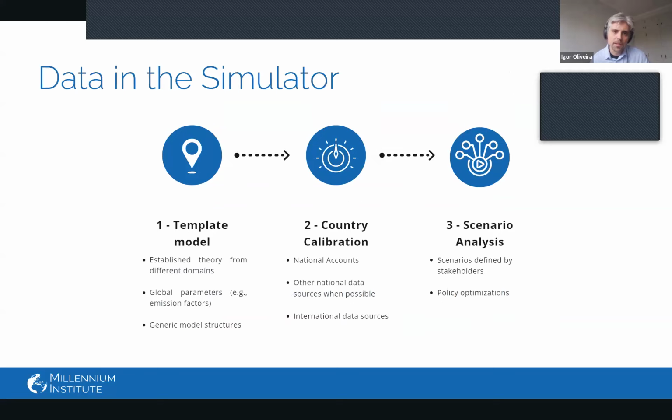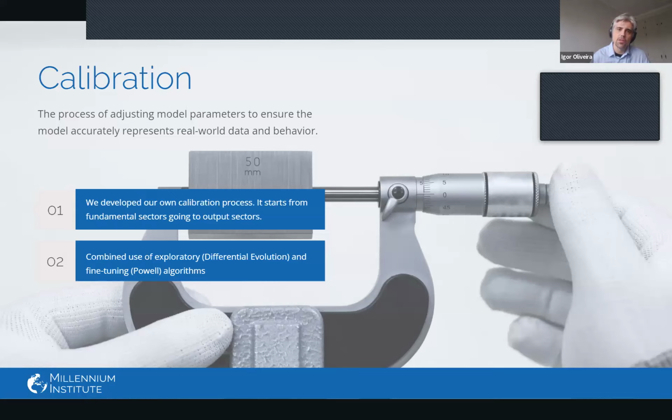Right. So calibration, and perhaps not all of you are familiar with what it means. In our case, we have a global template model that needs to be adjusted or adapted to a specific country. And for that, we need to not only feed it with data, but we need to check if the outputs or the synthetic data that this model is generating makes sense in the context of that country.